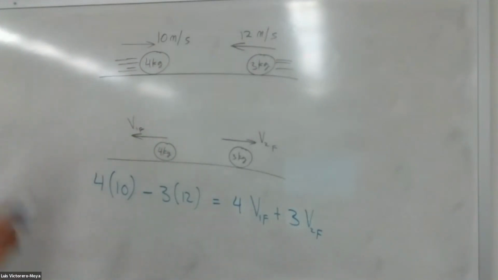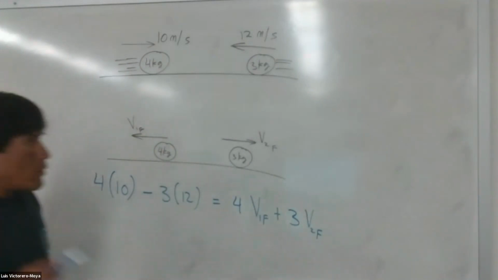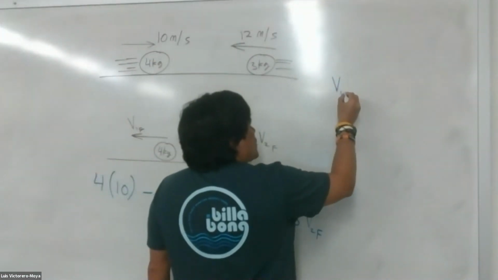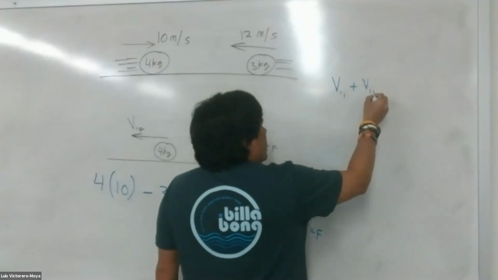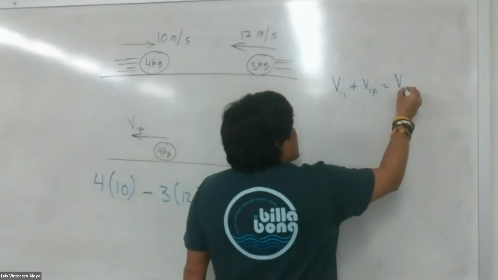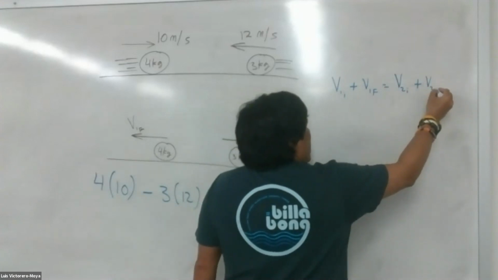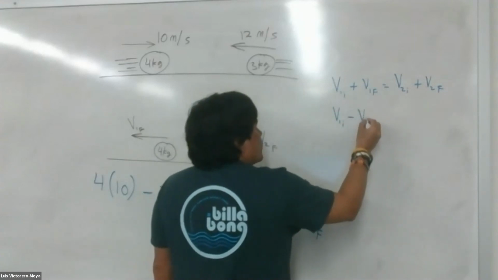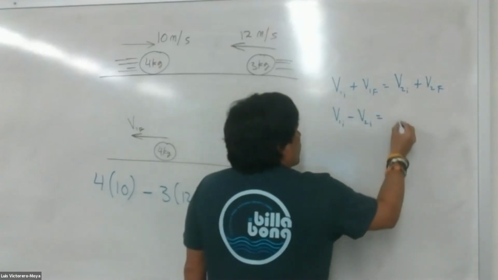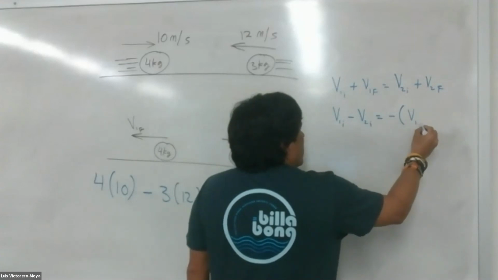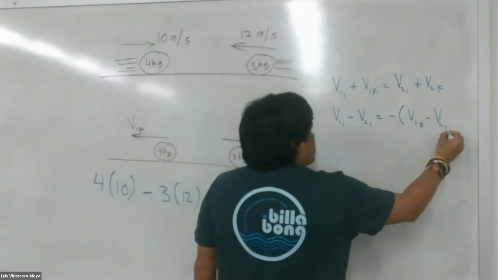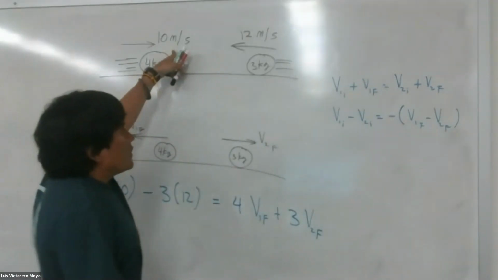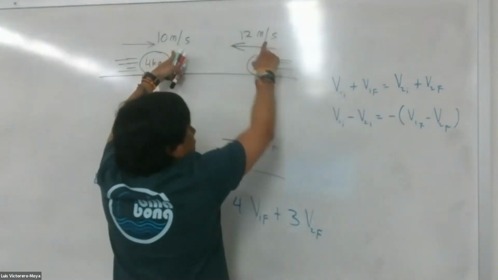Now we have to use the conservation of energy, but we already know the shortcut: V1 initial plus V1 final equals V2 initial plus V2 final. Or the other way, V1 initial minus V2 initial equals minus V1 final plus V2 final. V1 initial is 10. V2 initial is minus 12.